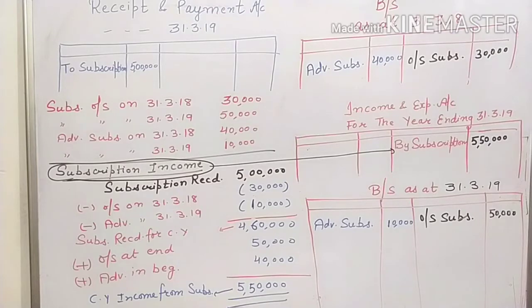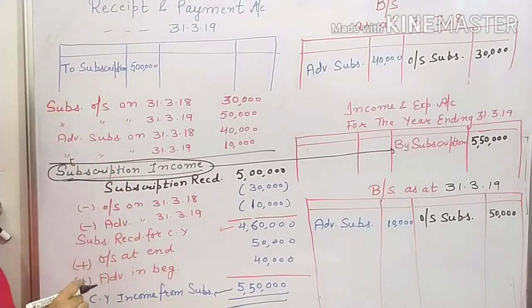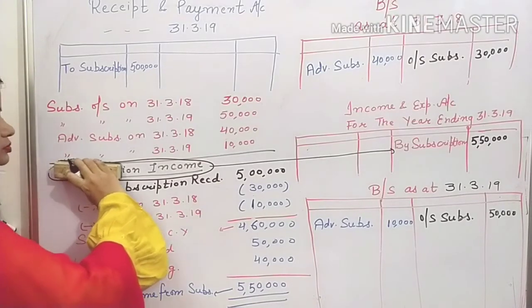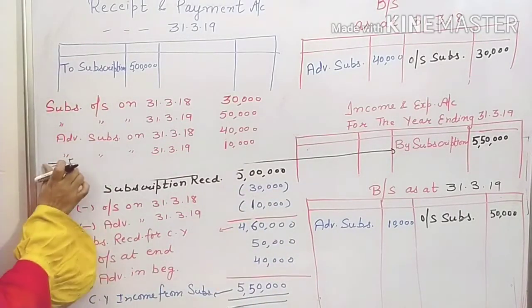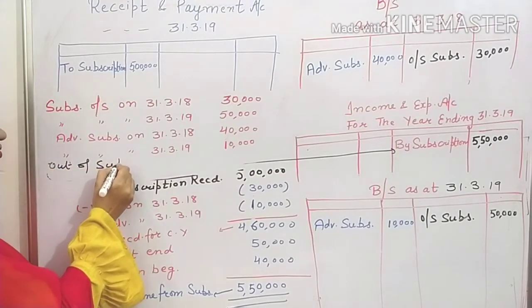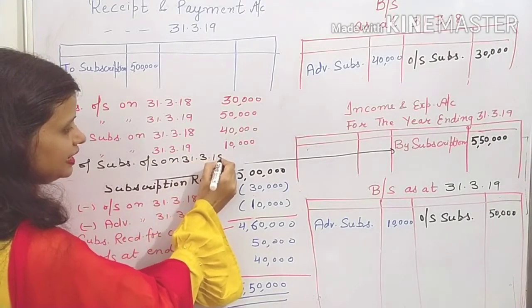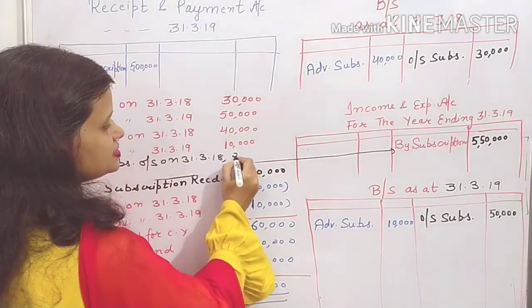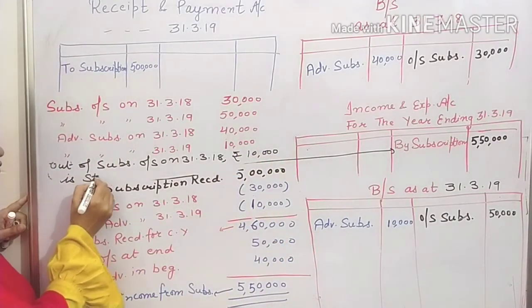Now, let us make some change in the statement. Suppose, along with this information, one more point is given to you: out of subscription outstanding on 31st March 2018, rupees 10,000 is still outstanding.